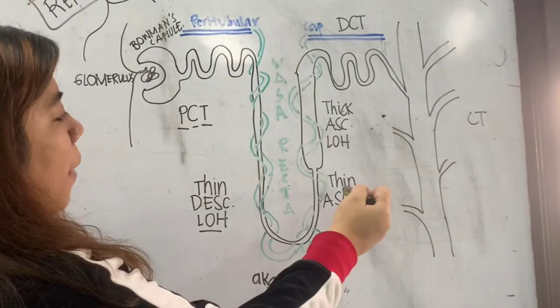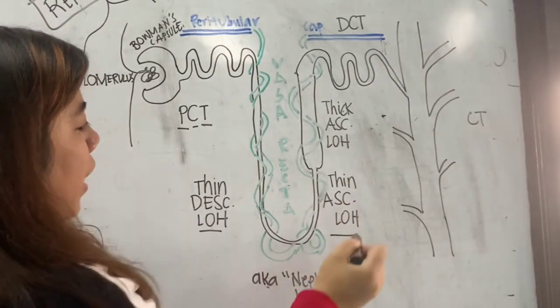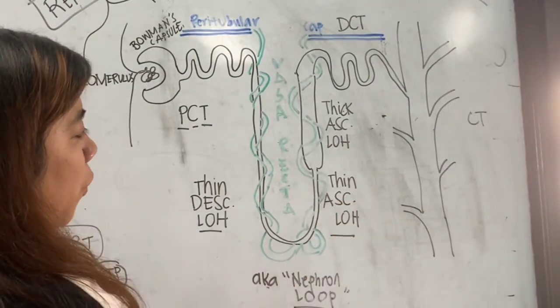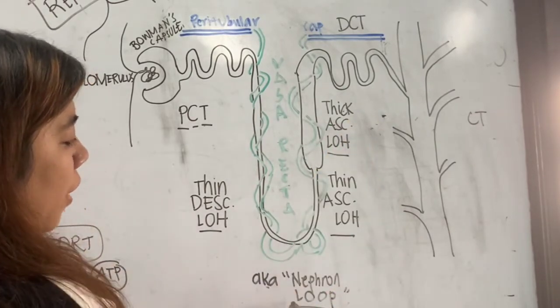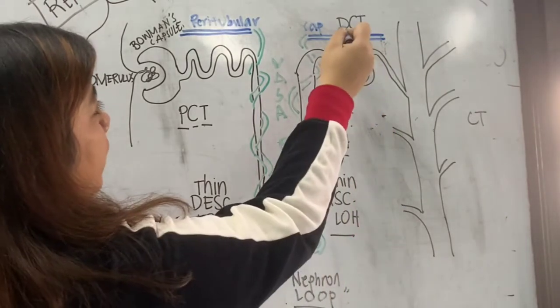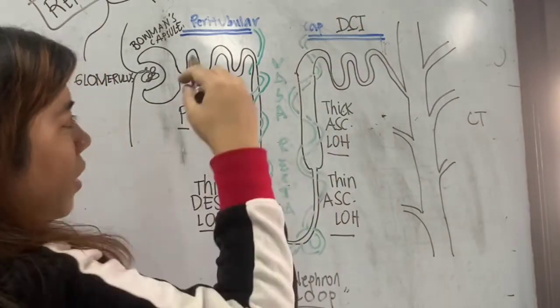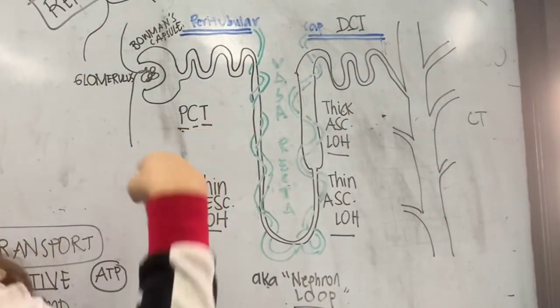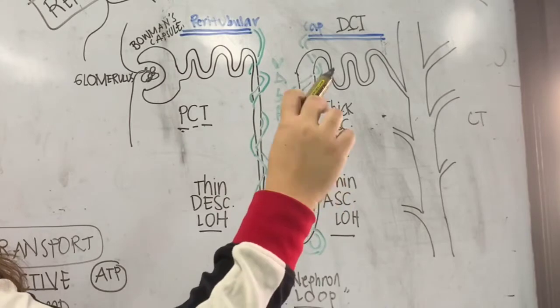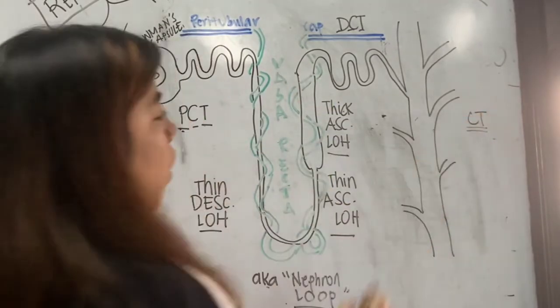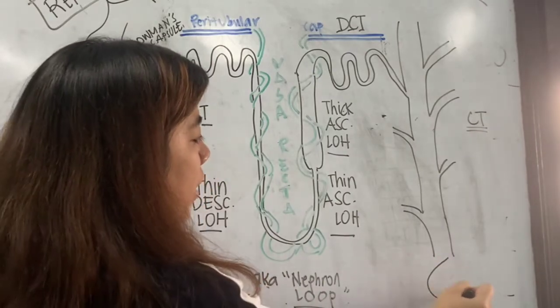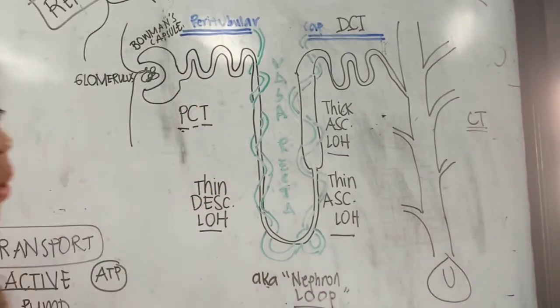Afterwards, it goes up by way of your thin ascending loop of Henle, to be followed by your thick ascending loop of Henle. And then it goes to the distal convoluted tubule, which, like the PCT, comes in waves. And lastly, they will all go to your collecting duct. After which, this is how your urine will form.